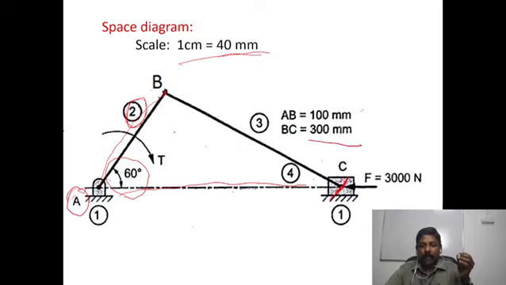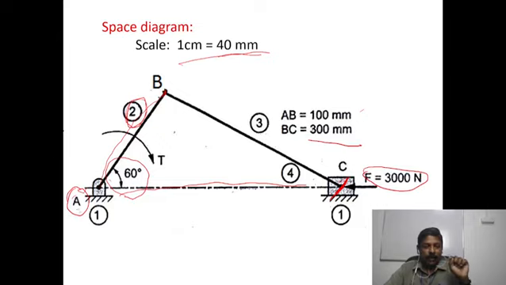From there we mark point C, which is the center of the slider, and taking that point as center we draw the slider also. The slider is drawn here, and we mark the externally applied force F equal to 3000 Newton on it. Then we mark all other dimensions and the notations.